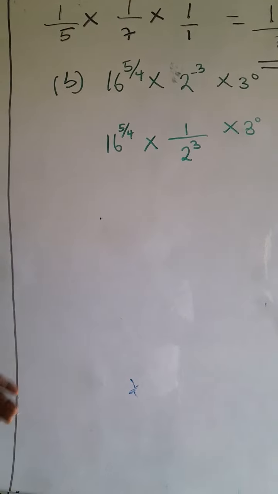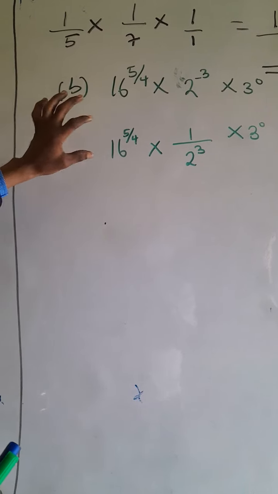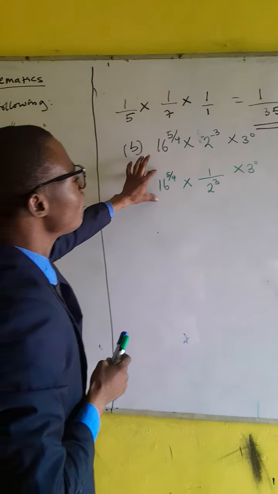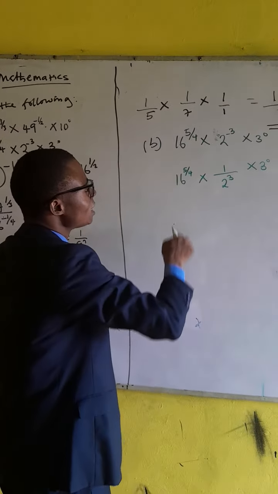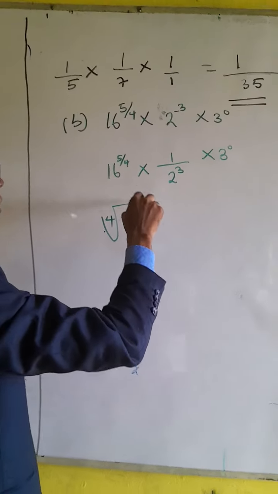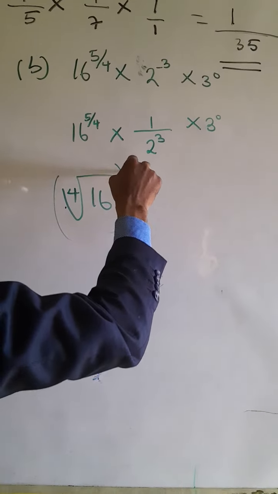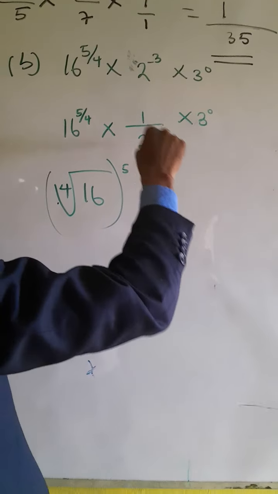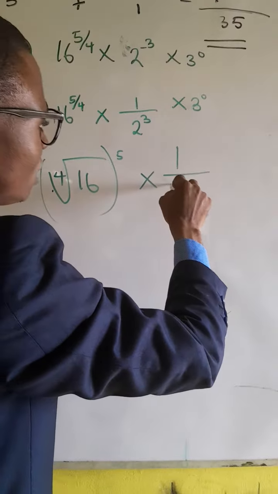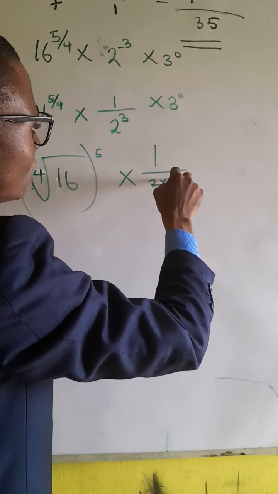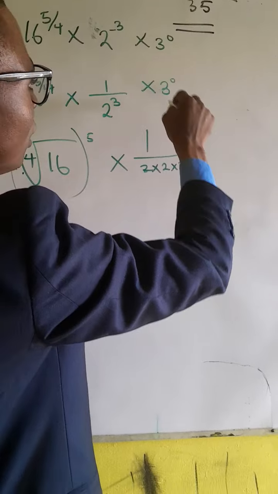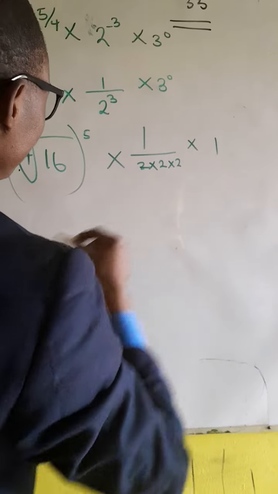Applying our law, this is law number 8 we stated in our previous video. That is the fractional power law. I'm going to write it as the 4th root of 16 all raised to the power of 5. This is 2 times 2 times 2, into 3 places, times 3 raised to the power 0, which is 1.